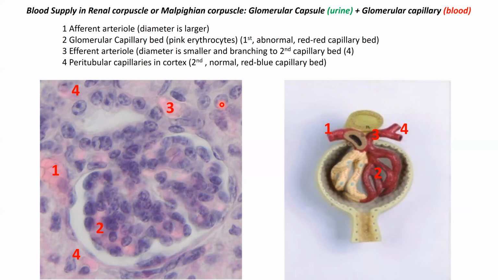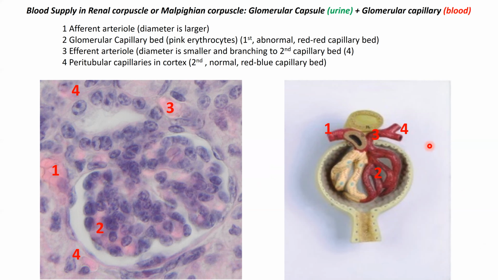You cannot really see the branching on the histology slide, but you can see it very nicely on the model. So afferent arteriole, bigger diameter. Branches into the glomerulocapillary bed. Merges into the efferent arteriole with smaller diameter. And here's the unique thing.